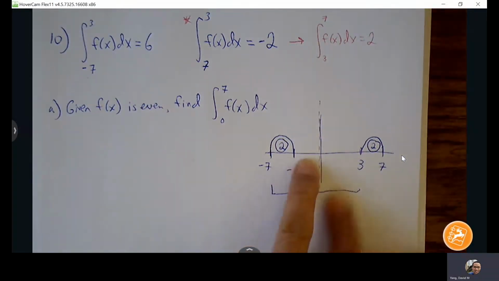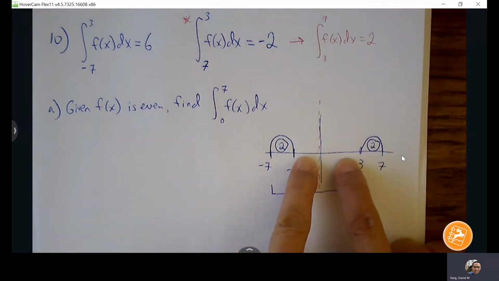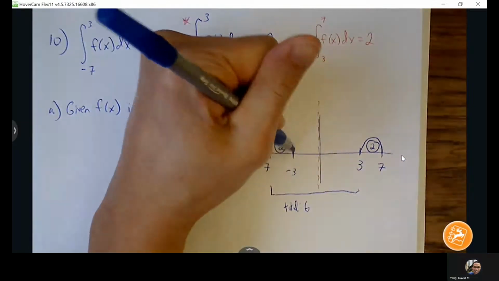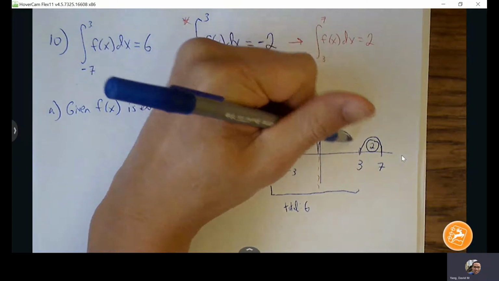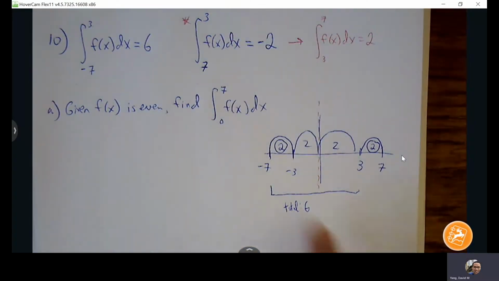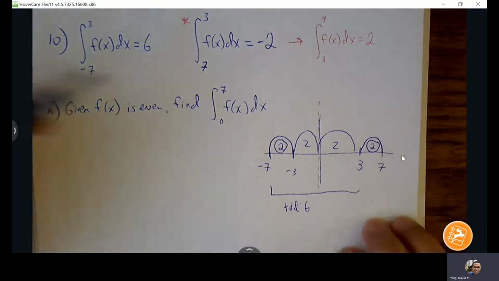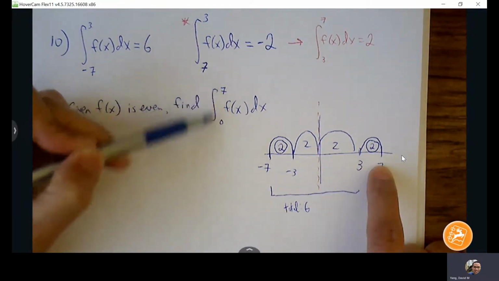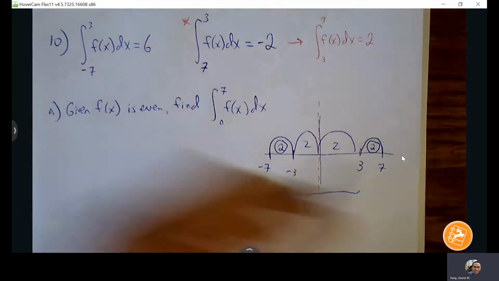There's 2 already showing. What's missing here? 4, and I can split 4 into what? 2 and 2. Does that make sense? Now that you have everything in front of us, now we can add what we need to add. From 0 to 7, it's just equal to 4.